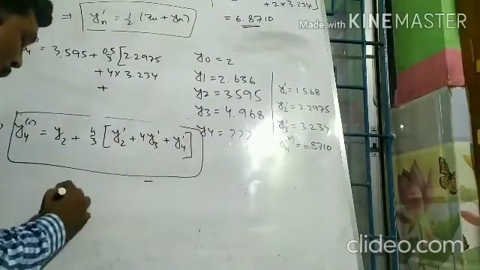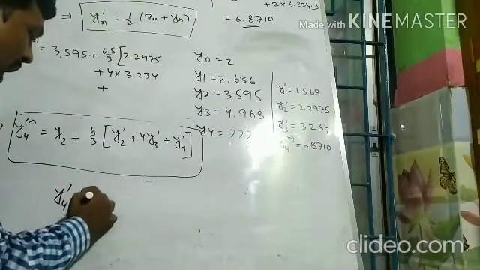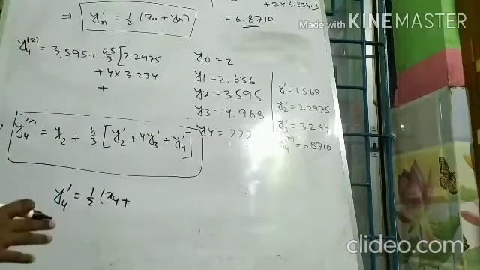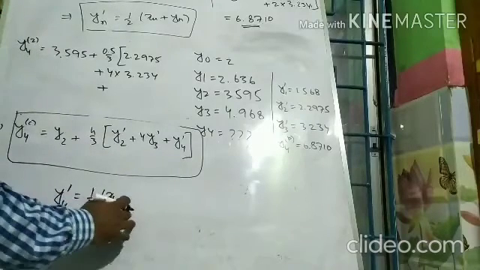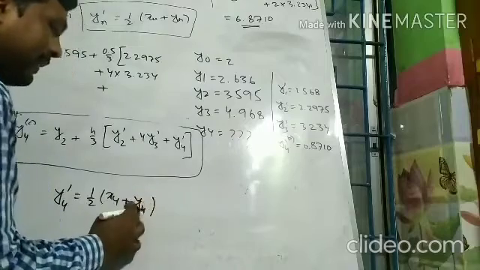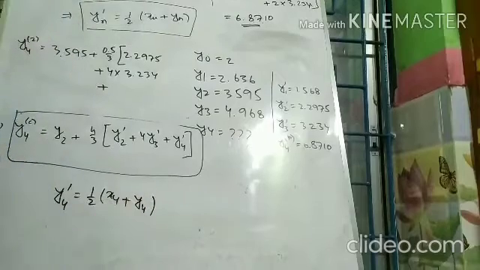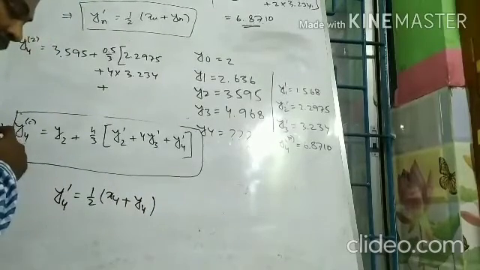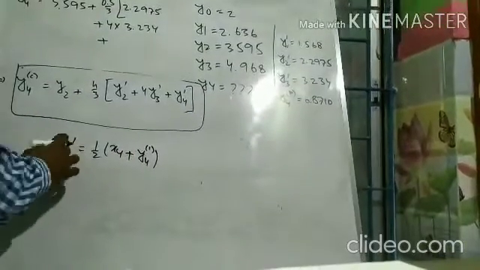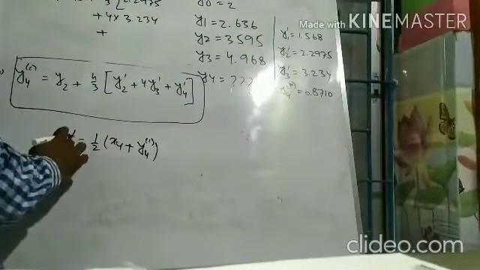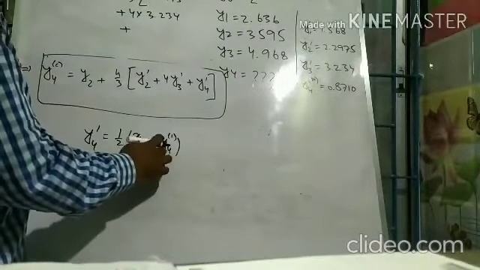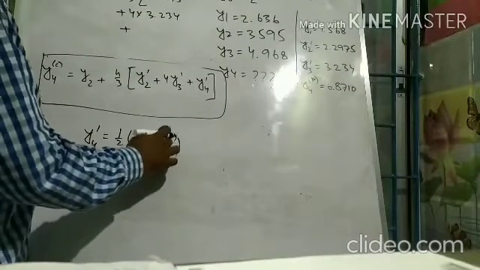So y4 prime is half x4 plus y4. Now we take the first iterative value of y4. In place of y4, now write the first iterative value of y4.